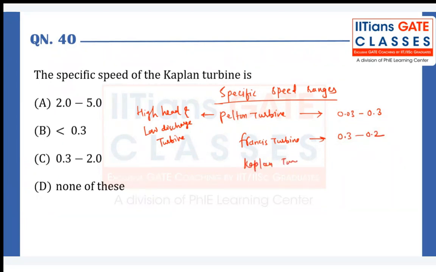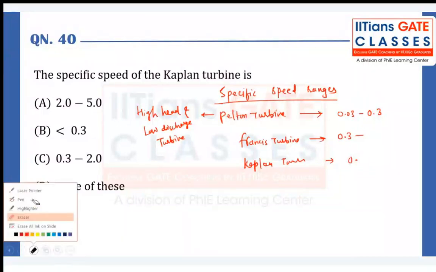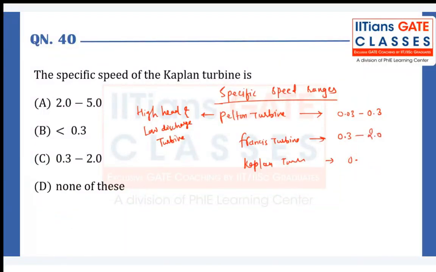And then for the Kaplan turbine, we have the value 2.0 to 5.0. Sorry, that was my mistake earlier. So you have the range which is given in option A. That is correct.